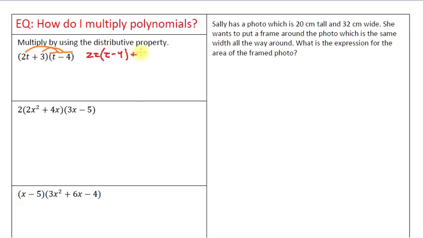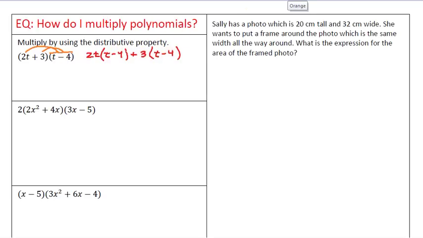Then you're going to take your second term, which is positive 3, and you're going to multiply that by the second binomial. So now when you do this, look class, you just see, oh, these look familiar. This is actually a monomial times a binomial, twice.